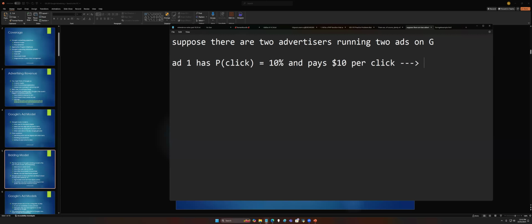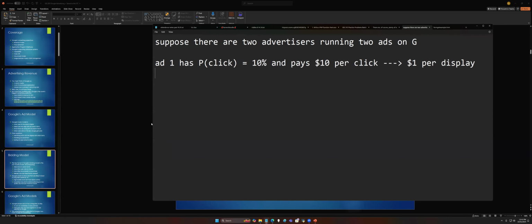So the expected outcome there is 10% of $10, or $1 per display. Every time Google shows the ad, Google expects to get $1. Ad two, on the other hand, has a click probability of, let's say, 5% and pays $20 per click. So same outcome, 5% of $20 is again on average $1 per display.